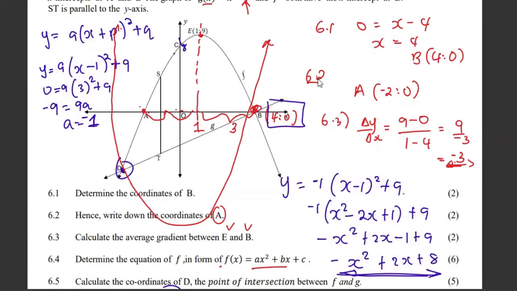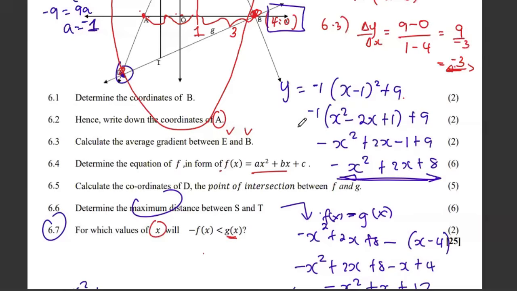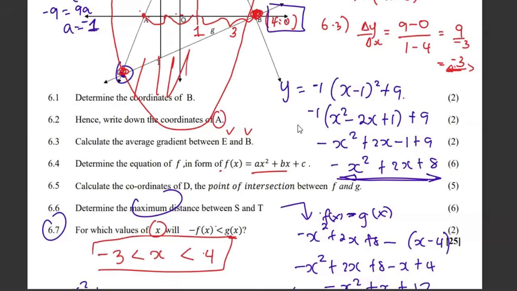They're asking us, where do we find this graph of f, the flipped one, to be below the straight line? So it's just between these points of intersection. So you're going to say that negative 3 should be less than x, which should be less than 4. So that's the region where this graph is below. Okay, so that brings us to the end of question 6.